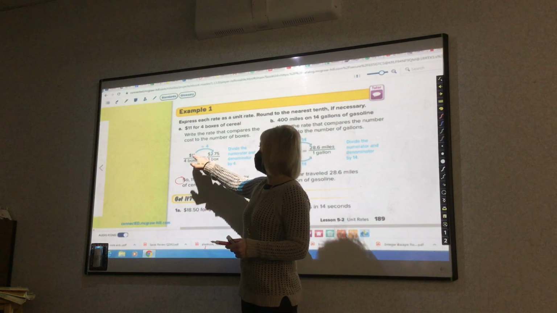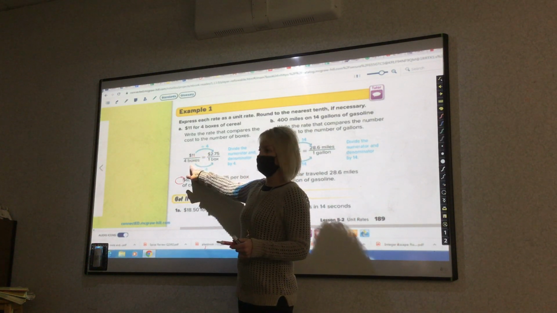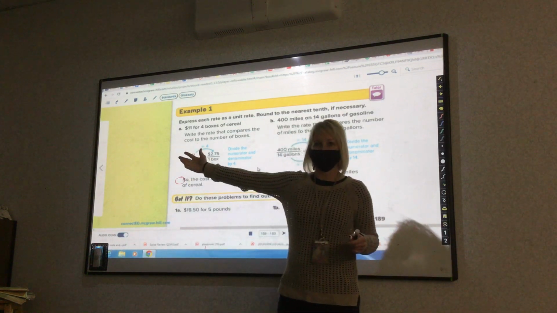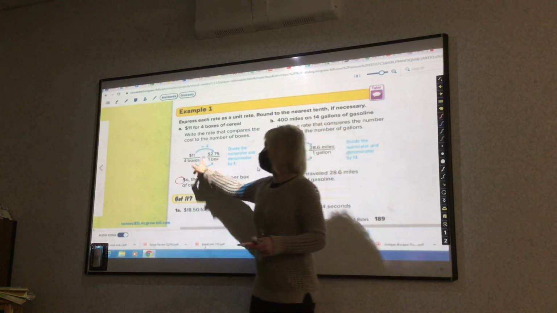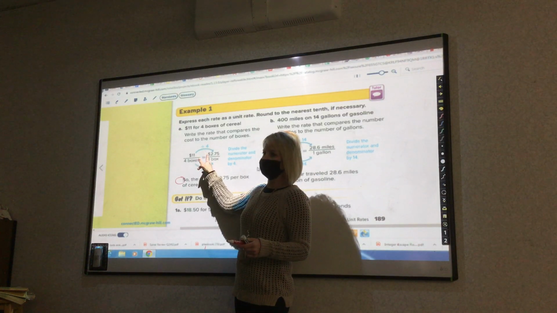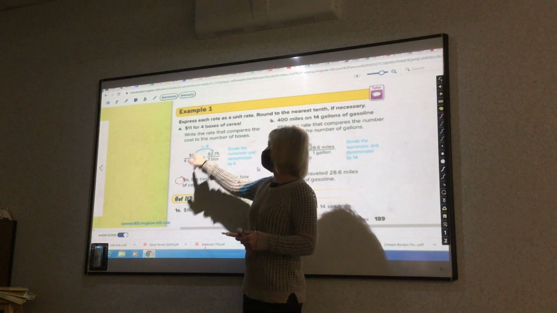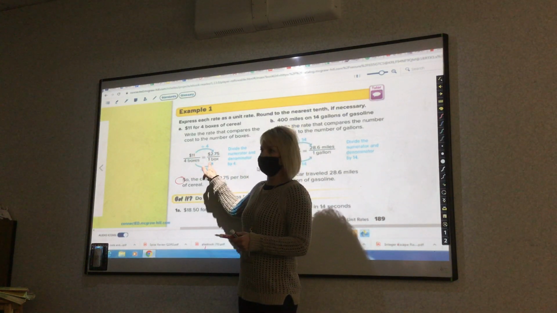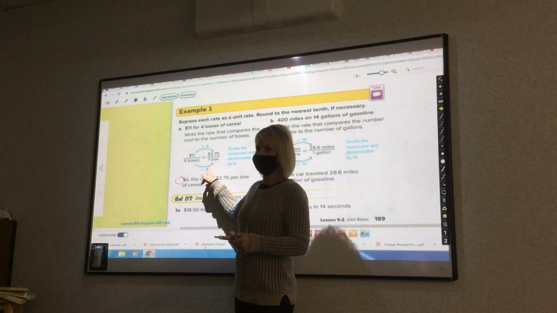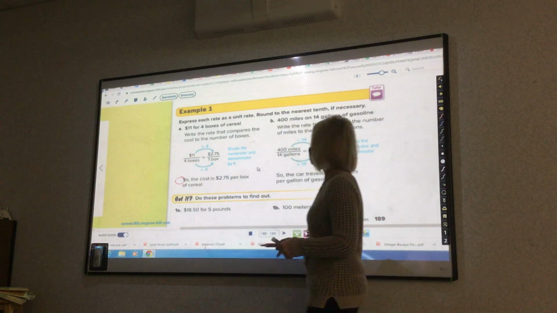So it'd be $11 per 4 boxes. I'm dividing 11 divided by 4, so I'd put that in my calculator. So I set up the rate, and then I would rewrite it as $2.75 over 1. Do you see how they're showing you they're dividing by 4 on top and bottom? Because that gets this down to 1. Well, if you're just doing this as a division, you're going to get this down to 1.